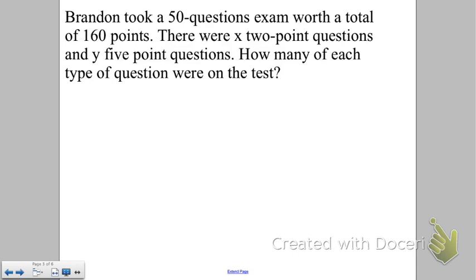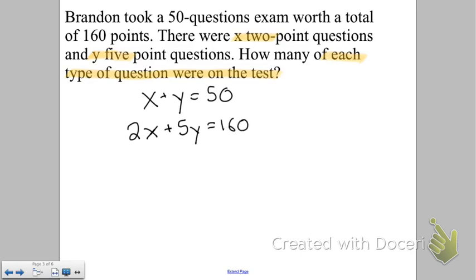Now, since I'm looking for how many of each type of question were on the test, there are two unknowns, the y 5-point questions and the x 2-point questions. The total questions would be x plus y, and that is equal to 50 because there are 50 questions on the test. Since it's x 2-point questions, I have 2x plus 5y is worth a total of 160 points.